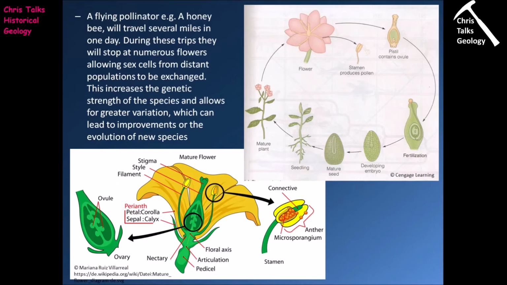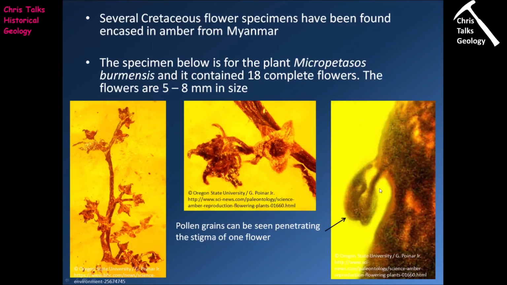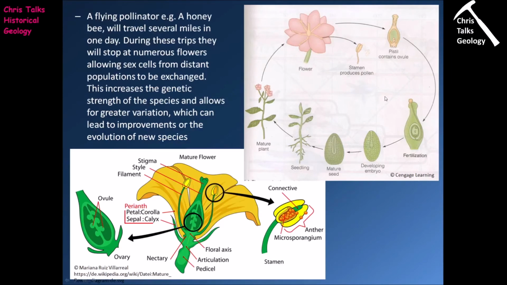That pollinator is then going to fly to a new flower. When it lands on that flower, it's going to rub off some of the pollen from the first flower onto the pistil of the second flower. So that means the male sex cells are now on here. They're going to obviously produce the tubes, which we saw in this image here, and that's going to allow the male sex cell to exit the pollen, enter the pistil, and reach the female sex cells in the ovule.